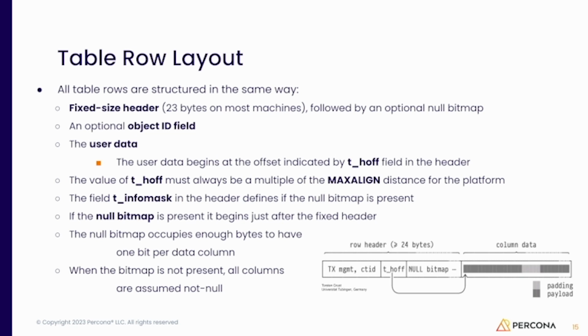And one thing that we also have is this little guy here. We call it padding. Does anybody know what padding is? Empty space. But why do we need empty space here? Alignment.